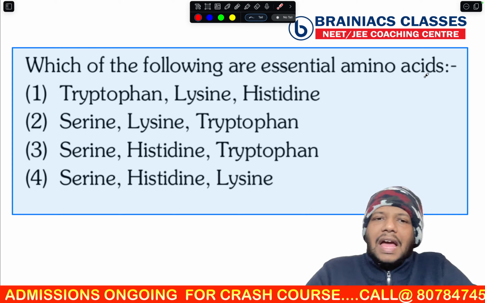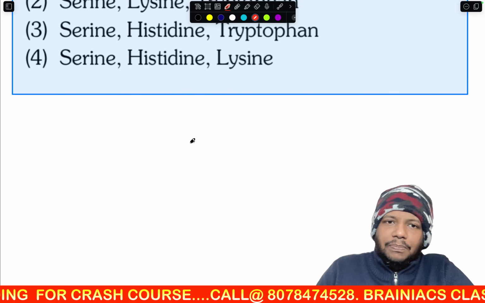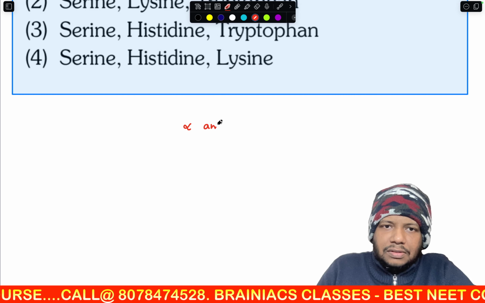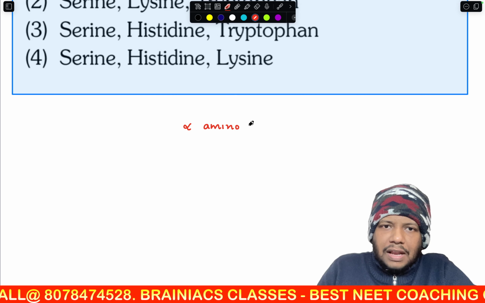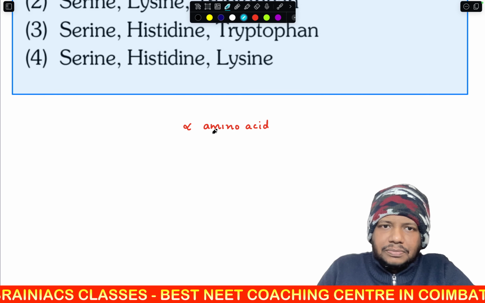So if you see the fundamental structure of this alpha amino acid, what does it look like? I can write here an alpha amino acid will look like this. I hope you could see.